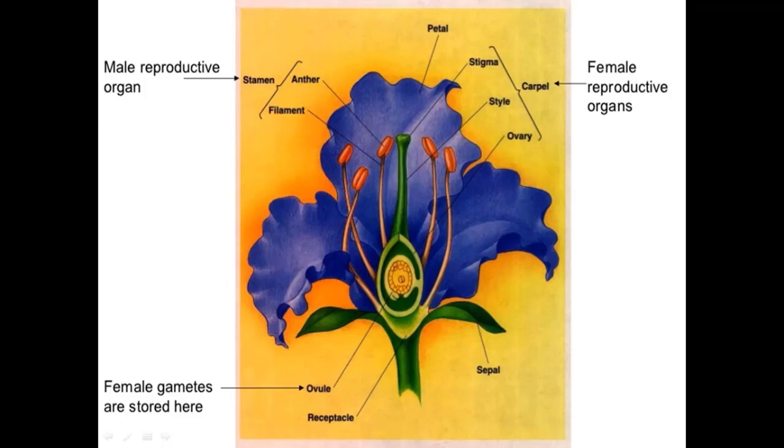All together it is called the carpel or the pistil, and it is the female reproductive organ. The ovule is where the female gametes are stored. So you can see here, this is the ovule, and these are the different parts.